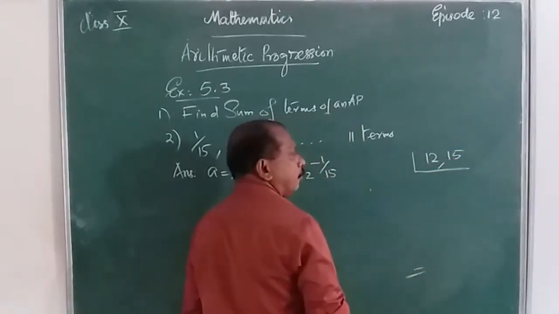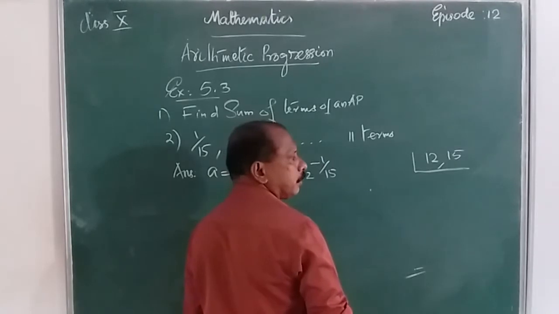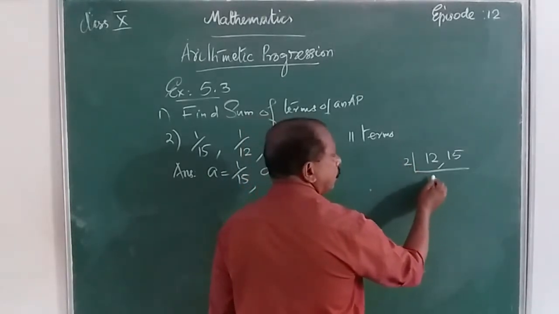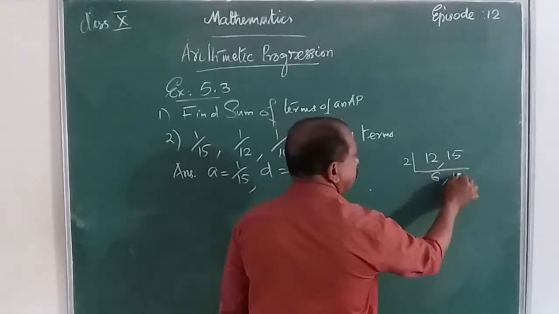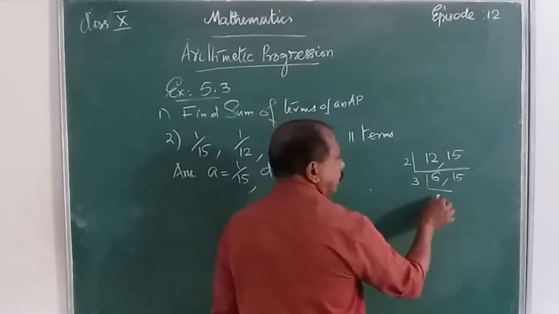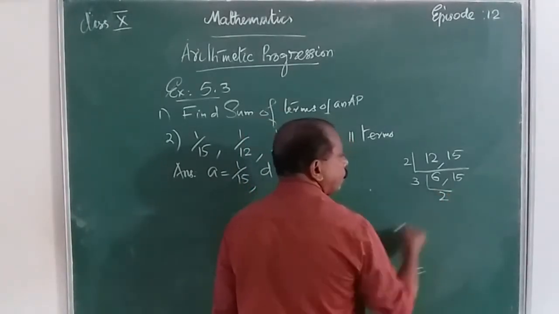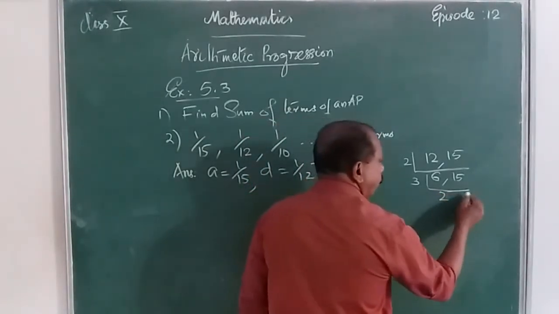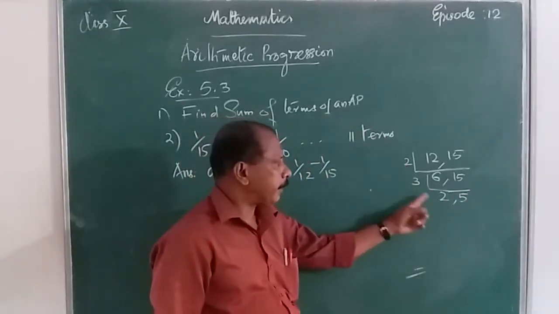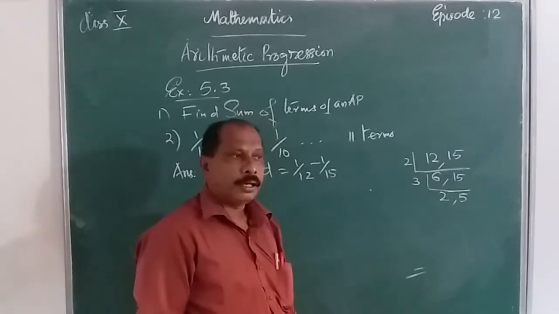It is divisible by 2. Then 6, 15. Then 3. Then 5 threes are 15. Therefore, these are prime numbers. What are prime numbers?